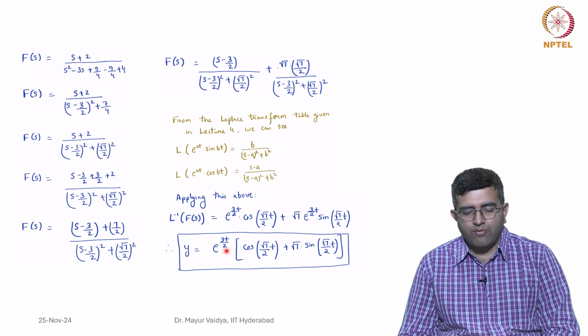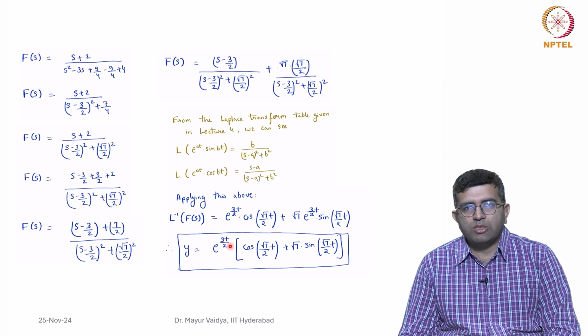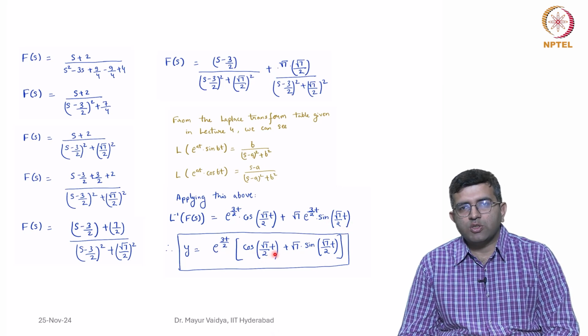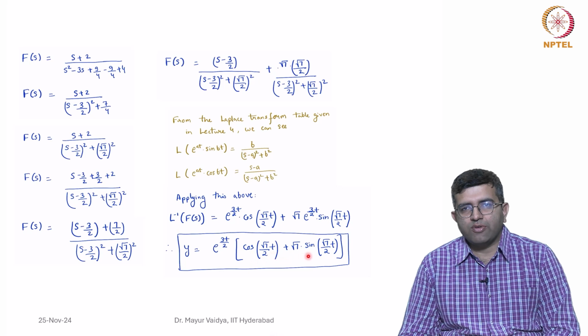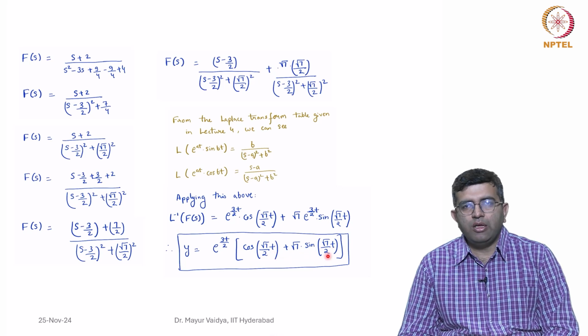Therefore you have e power 3t by 2 multiplied by cos (root 7 t by 2), where root 7 by 2 is the value of b, plus root 7 times e power 3t by 2 into sine (root 7 t by 2). If you take e power 3t by 2 common, you can write cos (root 7 t by 2) plus root 7 times sine (root 7 t by 2).